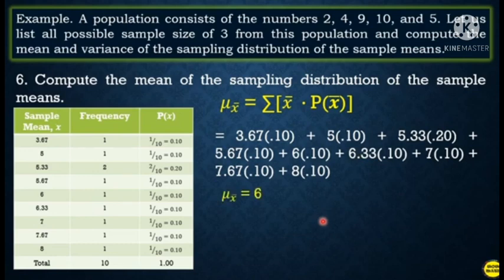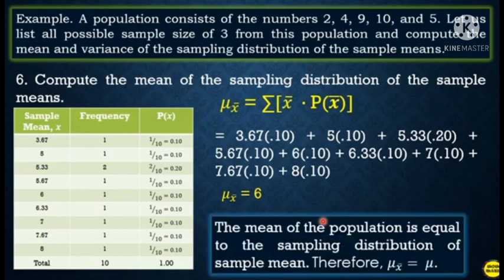So, ano yung napansin nyo sa sagot natin? Pareho siya ng population mean natin, no? Kung balikan natin yung computation natin, same sila. Bakit? Sabi ko nga kanina, nung binasa natin, that the mean of the population is equal to the mean of the sampling distribution of the sample mean. Okay, kahit hindi mo na gawin ito, kapag nakuha mo yung population mean, yun din ang sagot nung mean of the sampling distribution of the sample means.